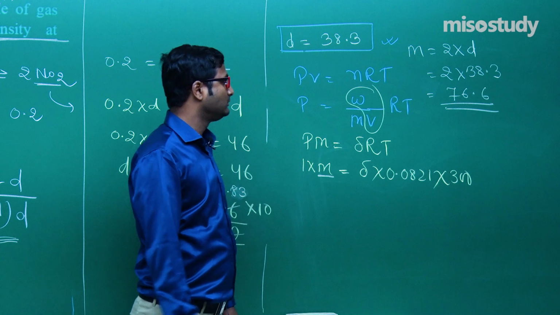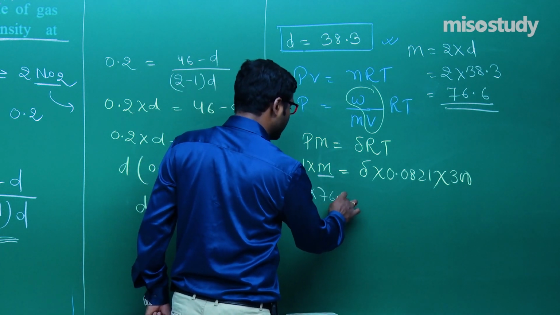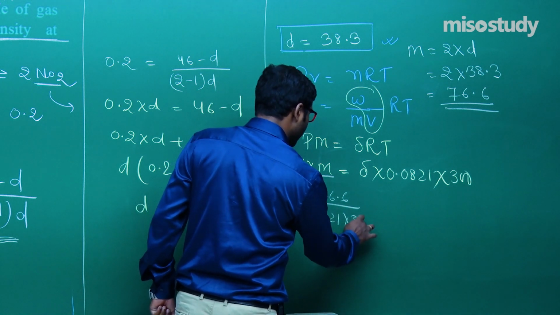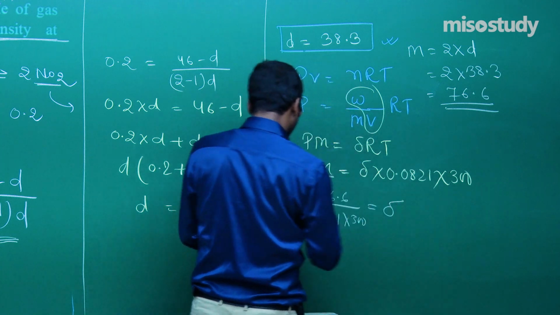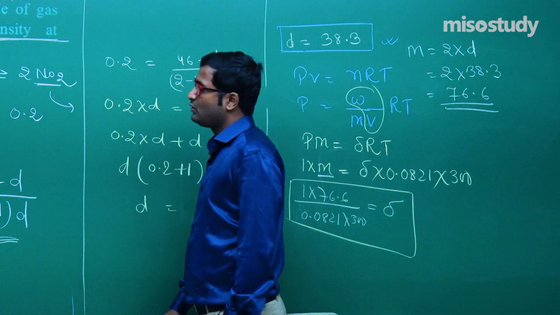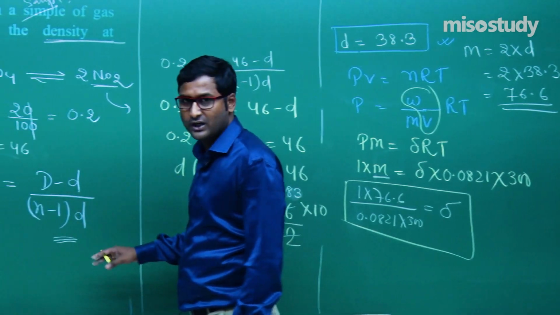Now put this value: 1 into 76.6 divided by 0.0821 into 300 is equal to rho. Now if you solve this expression, you will get the answer.